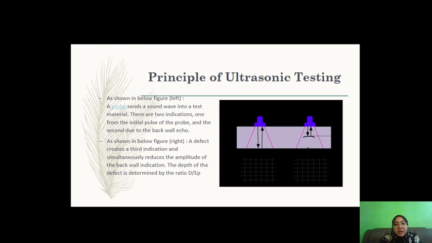There are two indications: one from the initial pulse of the probe and the second from the backwall echo. As shown in the figure, a detected crack is a third indication and simultaneously reduces the amplitude of the backwall indication. The depth of the defect is determined by reflection.